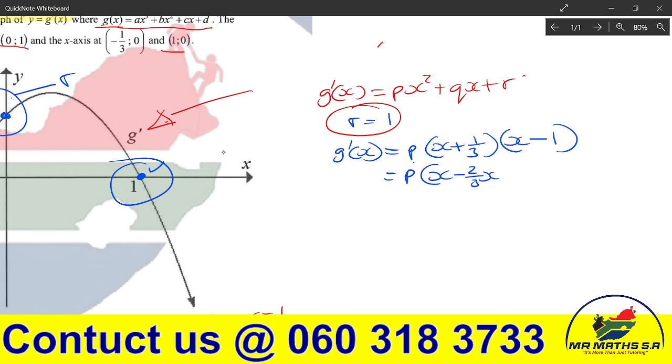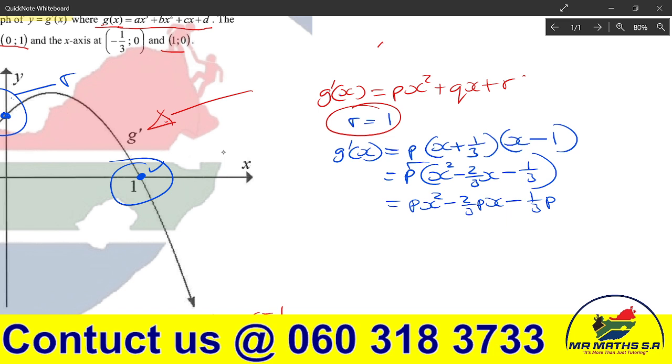Then the last term will be any number that you multiply by 1 remains the same. Then you multiply this here, which will give us p. Oh, it was x squared here. px squared minus 2 over 3 px minus 1 over 3 p.